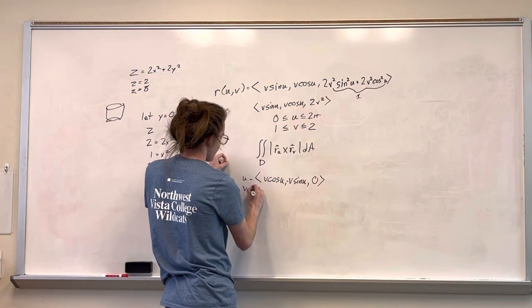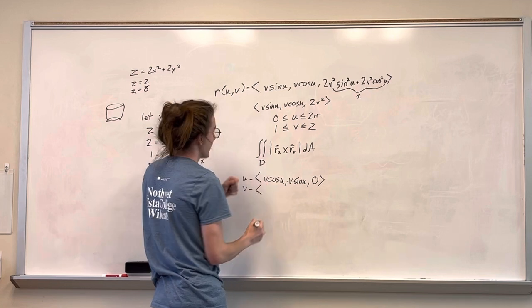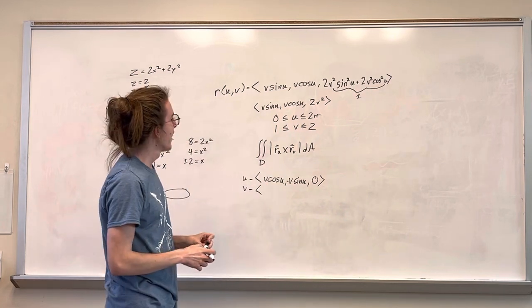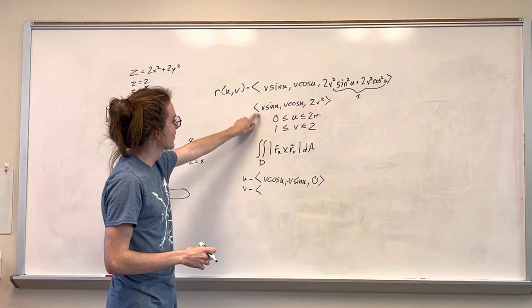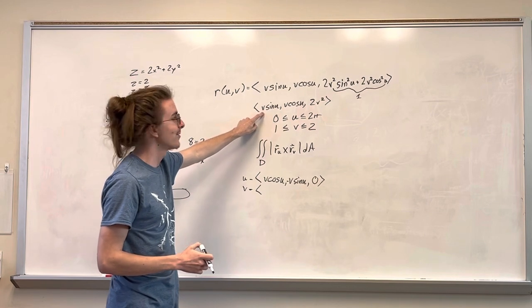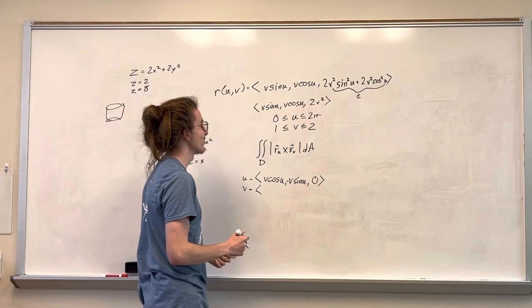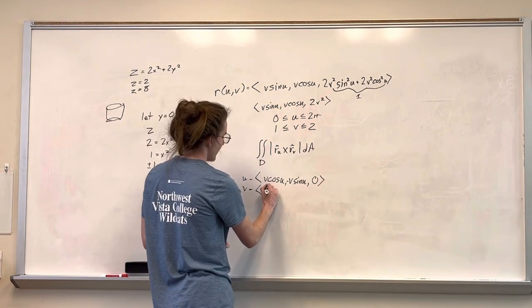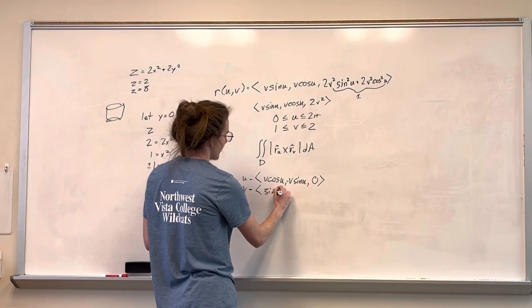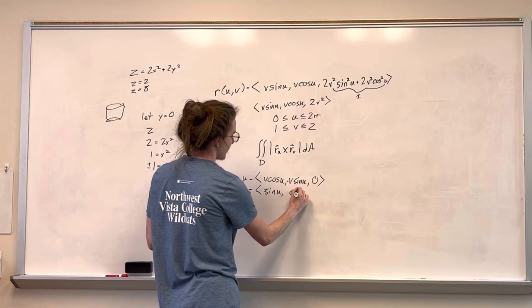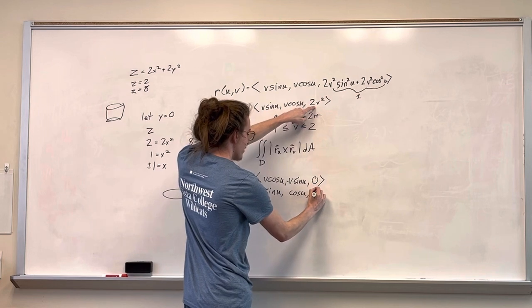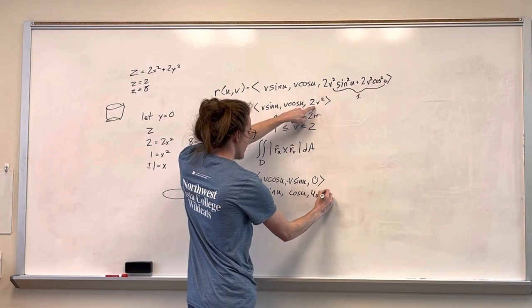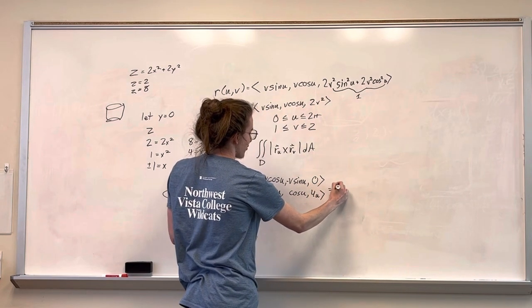Then take the partial for v. There's only one v, so its derivative is just 1, so it would be sine u, cosine u, and the power rule for the last, 4v.